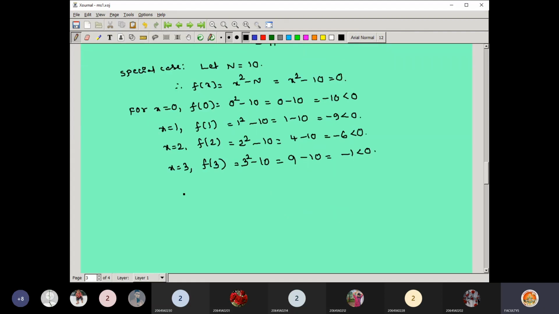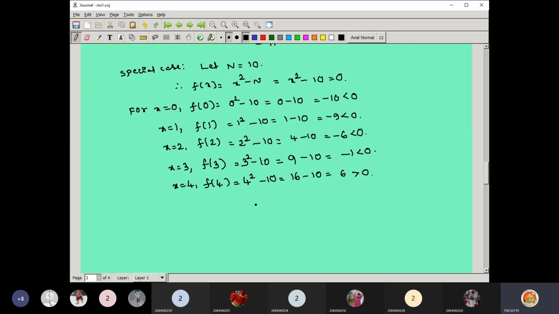So go for the next value, x equal to 4, f of 4 is 4 square minus 10, which is 16 minus 10, so you are getting 6, that is greater than 0.